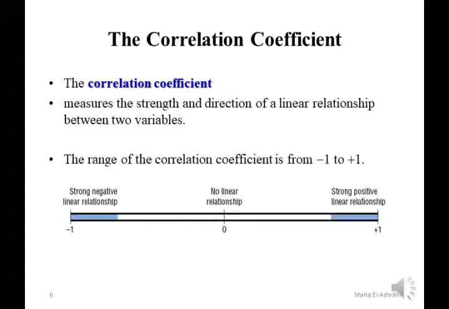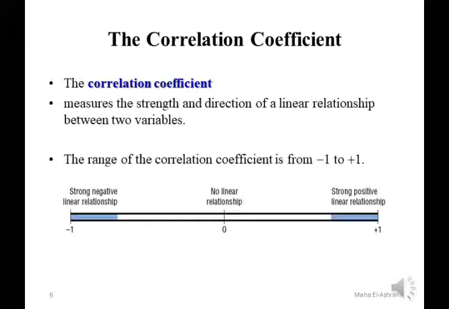Now, what if it is equal to neither 0, +1, nor -1? The rule says if r is positive, which means that the relation is a positive one, then when the value of r is closer to 1, this is an indication of a strong relationship. When it's closer to 0, this is an indication of a weak relationship.